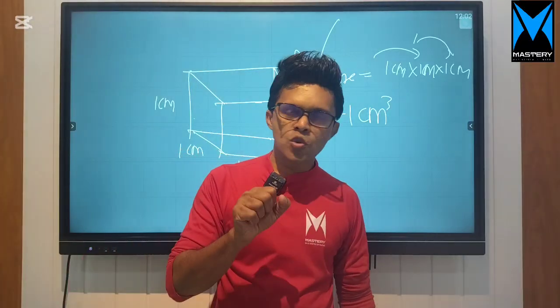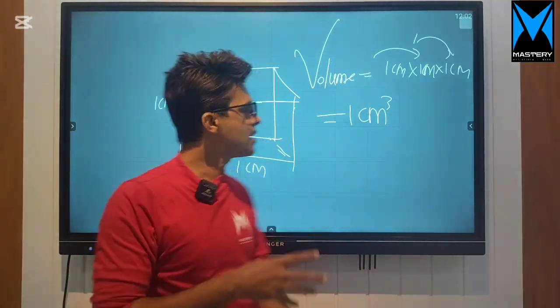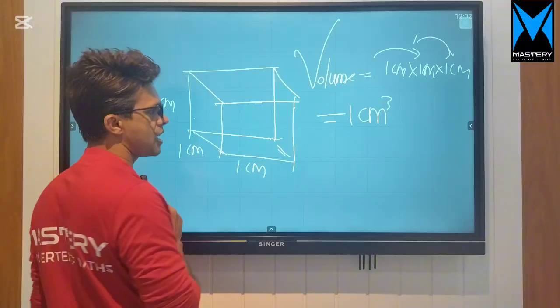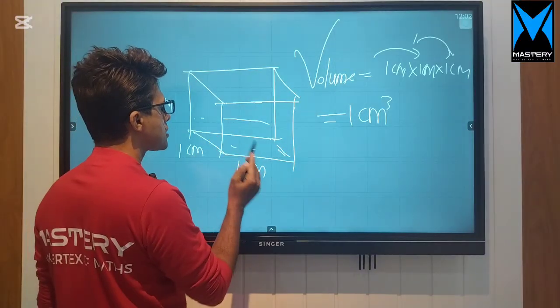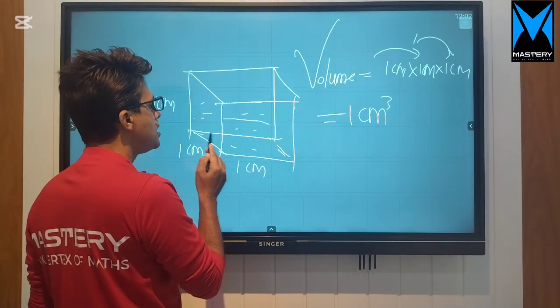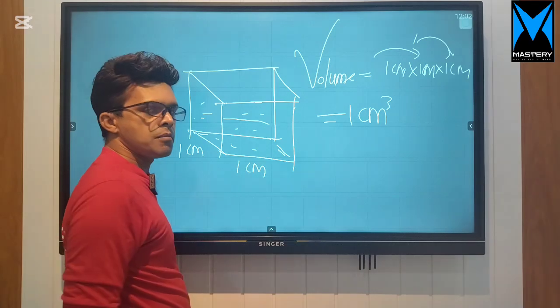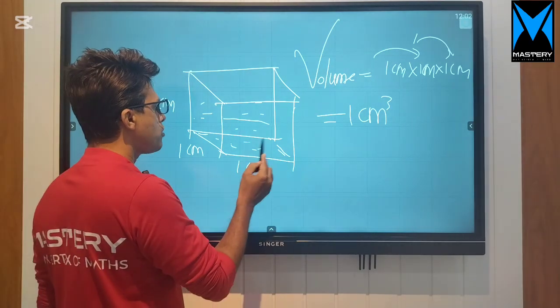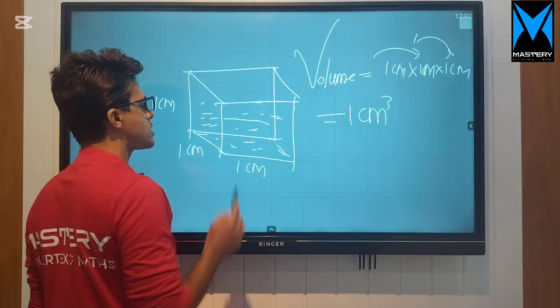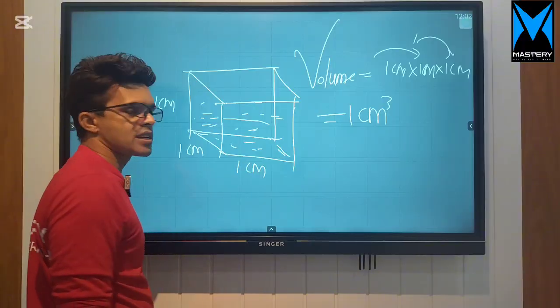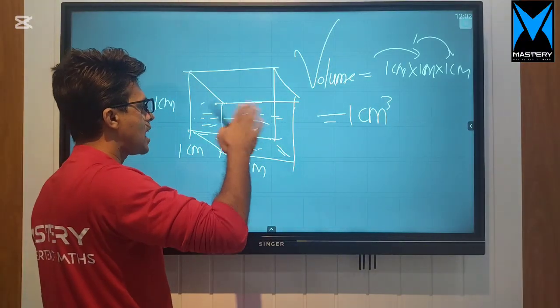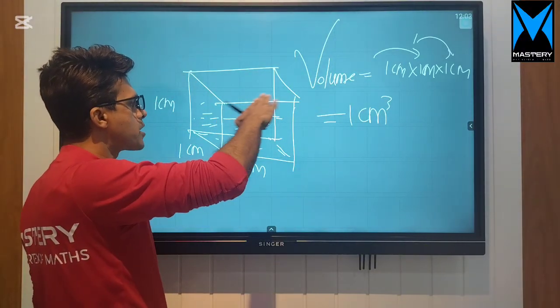On the other hand, just assume that here is an empty container. Previously I was talking about volume. Now I'm going to fill this container with water, pouring water so that the water level comes to the brim.